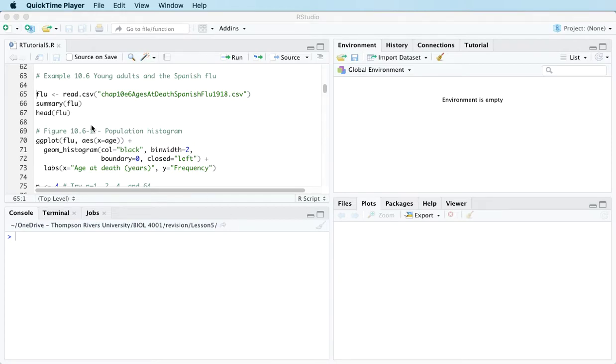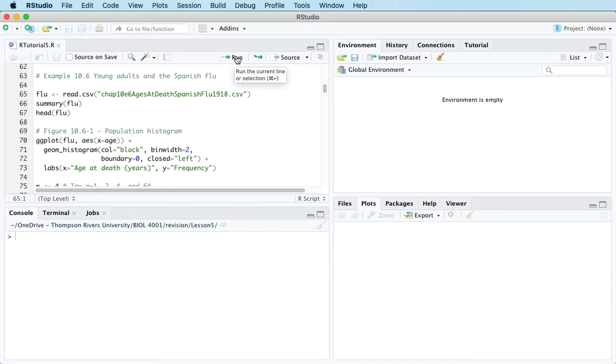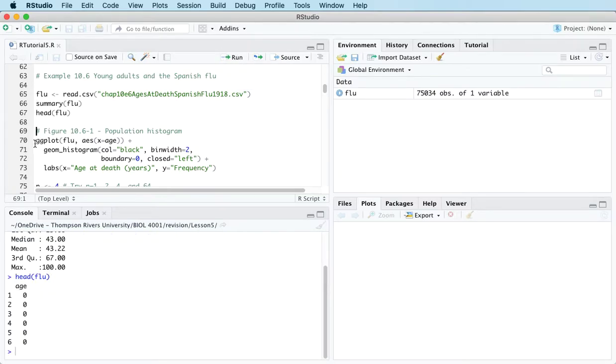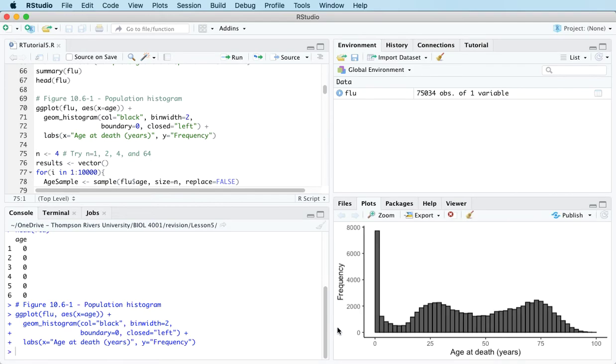So I'm going to illustrate that theorem with data on the Spanish flu. I'm just going to load the data, and then let's take a look at it so we can see what it represents. This data is the frequency distribution of age at death in Switzerland in 1918.